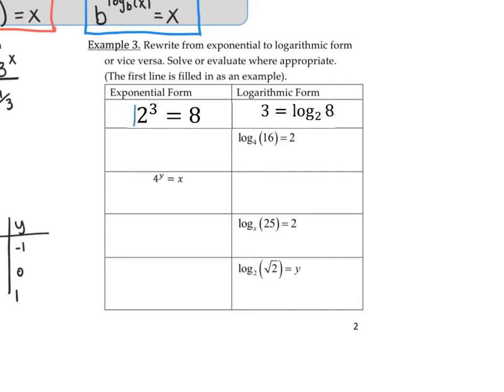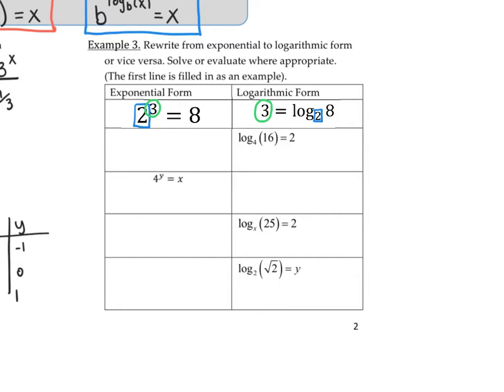So I am going to box out the base in blue here. And if we look in the logarithmic form, the base is the subscript here. So the base was 2, and here the base ends up in the subscript. Now the exponent, I am going to circle in green. In the exponential form, it was in the exponent, but in the logarithmic form, it is the answer, or the other side of the equal sign.